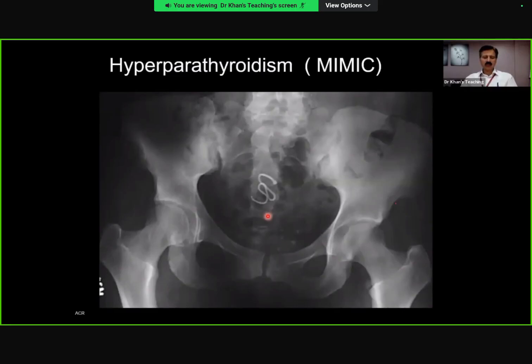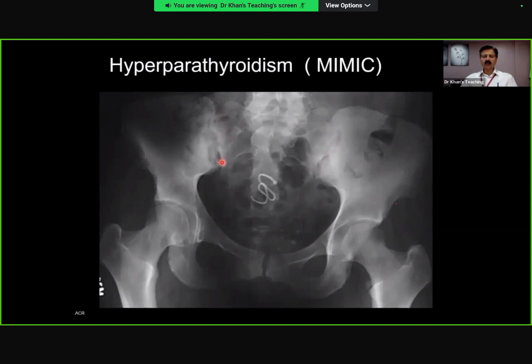This, on the other hand, is very important for the exam: hyperparathyroidism. And I'll show you on Saturday better films than this, where there will be other stigmata also. Now, in hyperparathyroidism, the word mimic, it's a radiological finding, not a pathological finding.